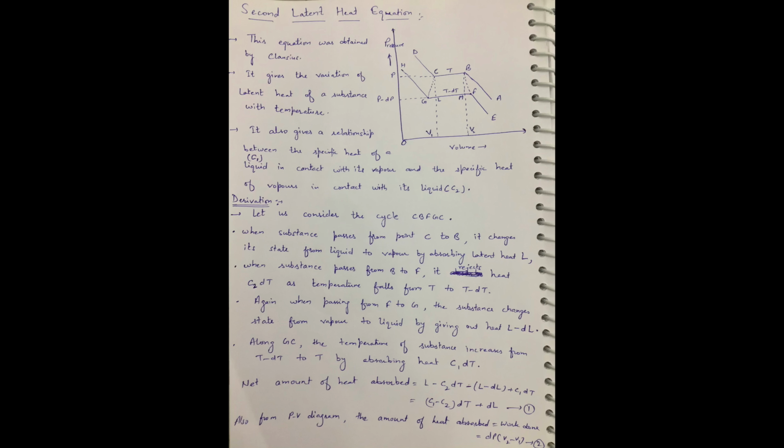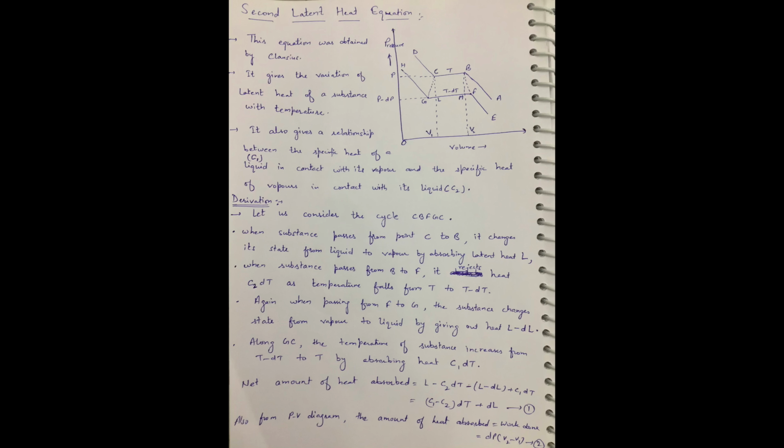From C to B, the substance is in isothermal state at temperature T, and if we draw a Carnot cycle having isotherms CB and FG and adiabatics BF and GC, then when we go from B to F, the temperature of the substance falls because at point B the temperature is T and at point F the temperature is T minus dT.